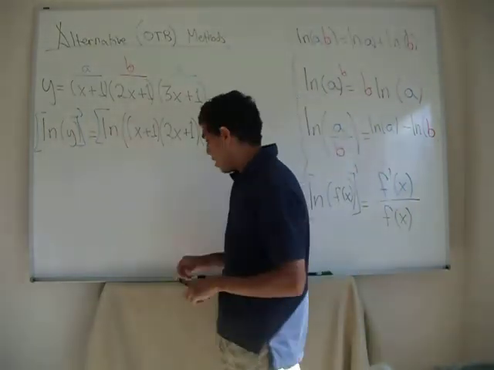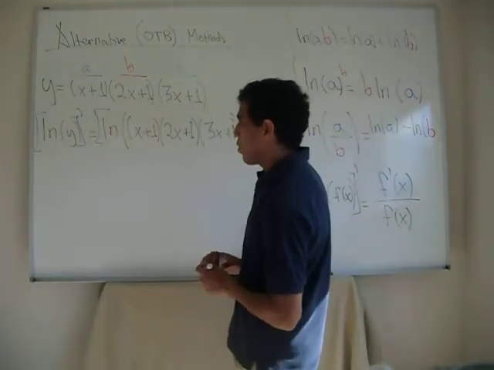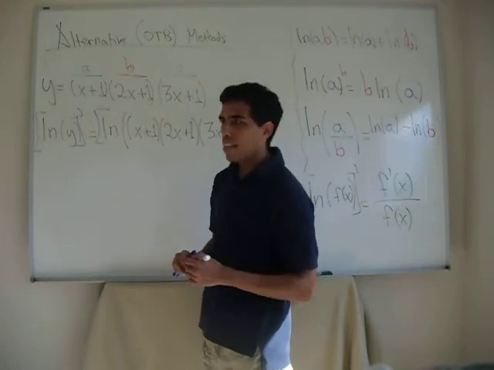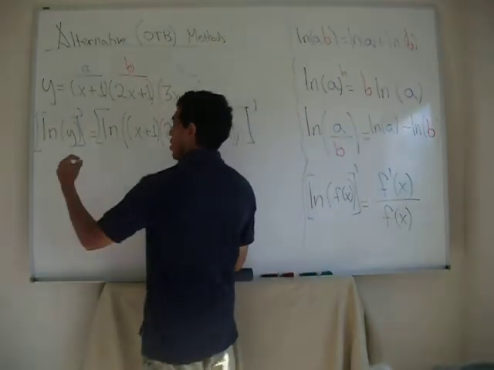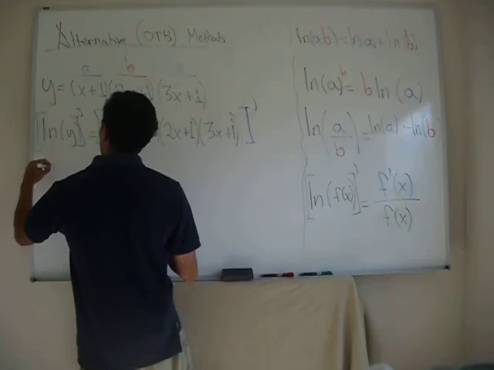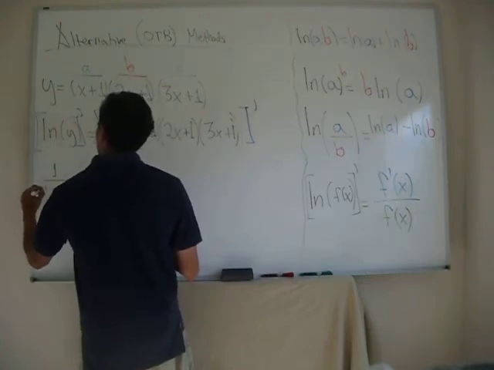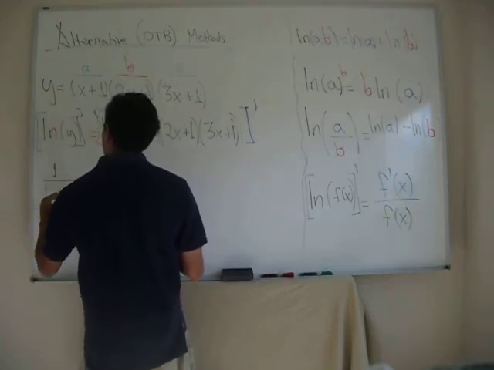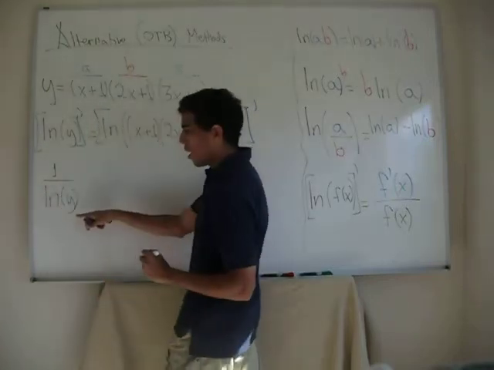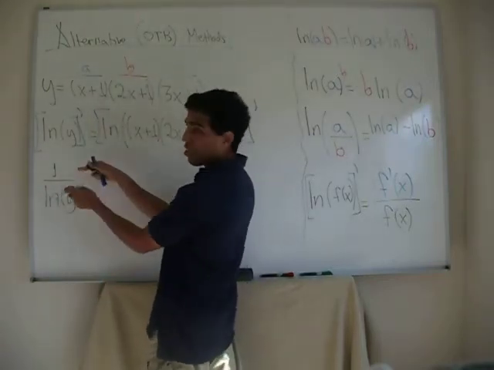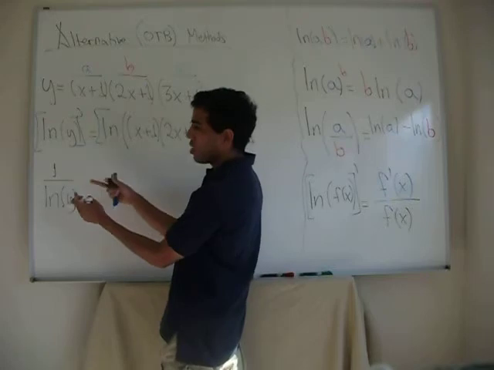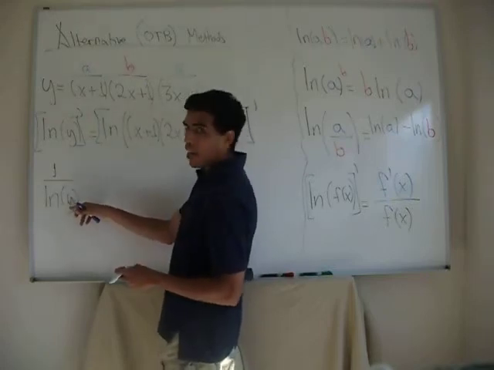On the left side, the derivative of natural logarithm of y is 1 over y times the internal derivative, which is y prime.